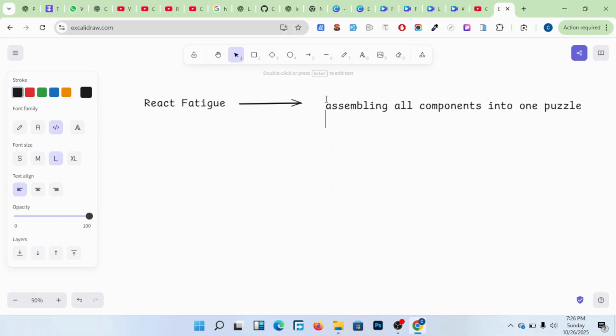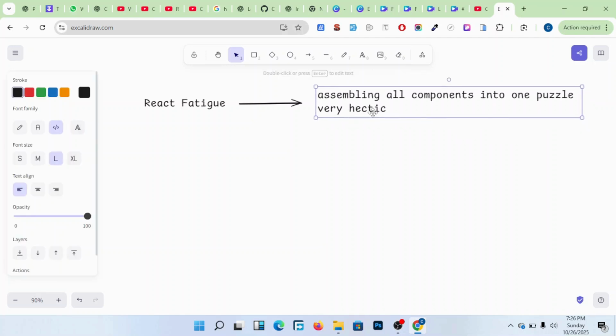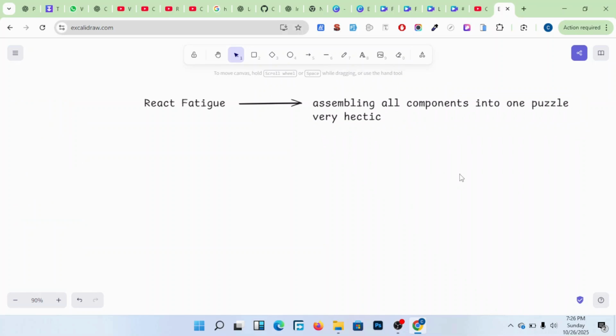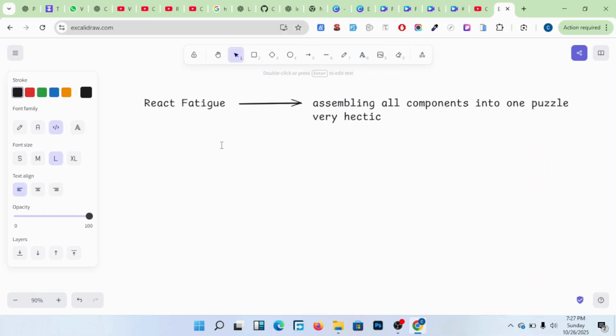So building a real world application became a little bit difficult, because reusable components were not very easy to use.